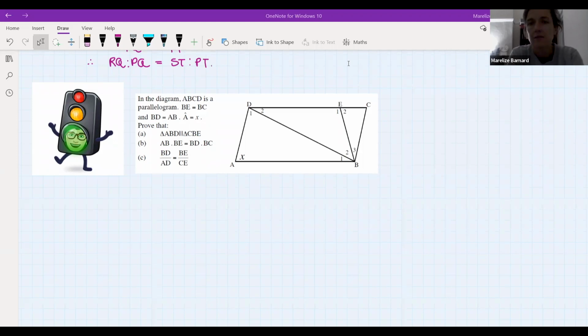Focus on the angle properties and the fact that the opposite sides are parallel. Then highlight the 2 triangles that you're trying to prove similar, and try to find 2 angles within those 2 triangles that are equal. That's a mouthful, but that is the strategy. It's like charting a course.